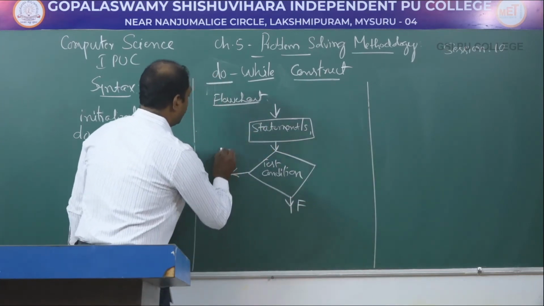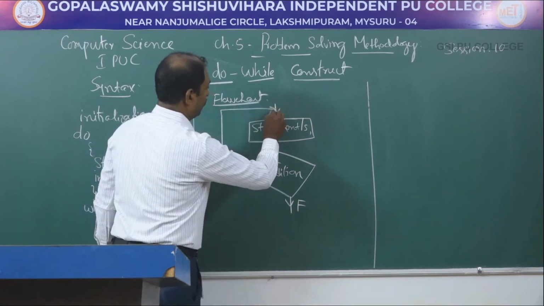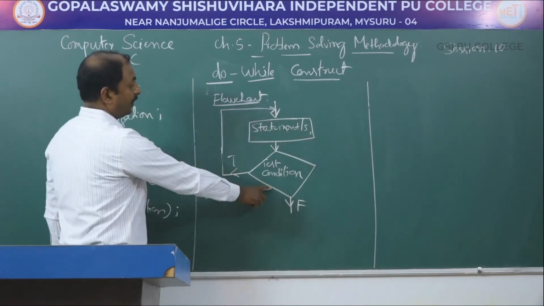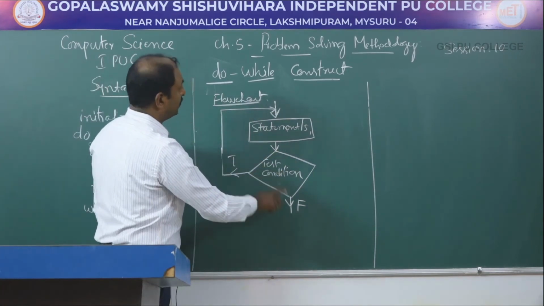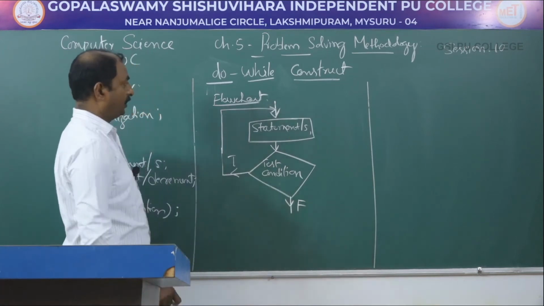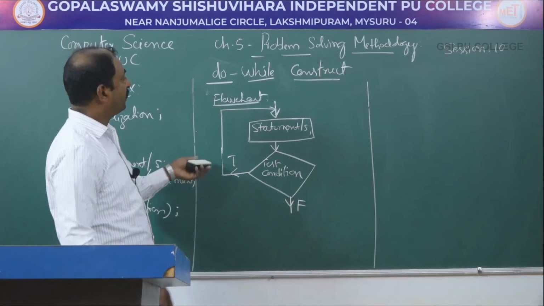If the test condition is true, it executes the statement as long as the condition is true. If the condition fails, it will come out of this do while construct. So this is the flowchart.